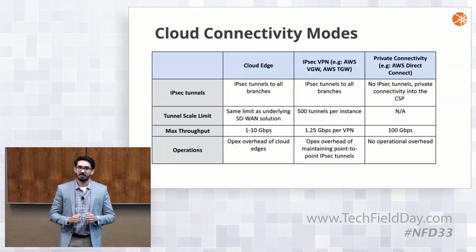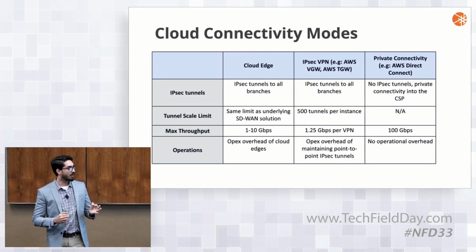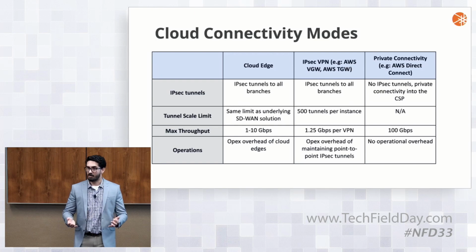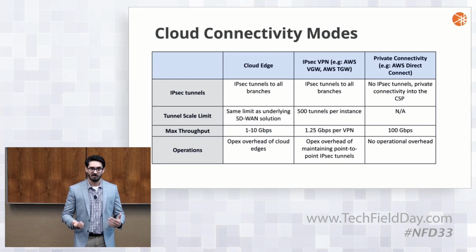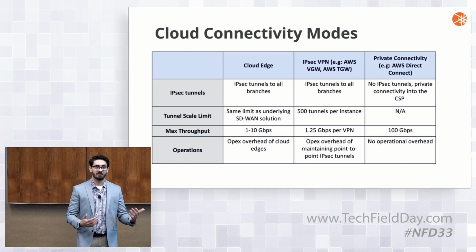If you look at the different models available, there's three main models that cloud service providers tend to offer to be able to connect into their public clouds. The first one is if you're using an SD-WAN appliance or an SD-WAN cloud edge. You're able to deploy them into the cloud environment. This comes with the same set of SD-WAN problems that you have elsewhere, which is if you're running a large-scale network, you have tunnel scale issues.